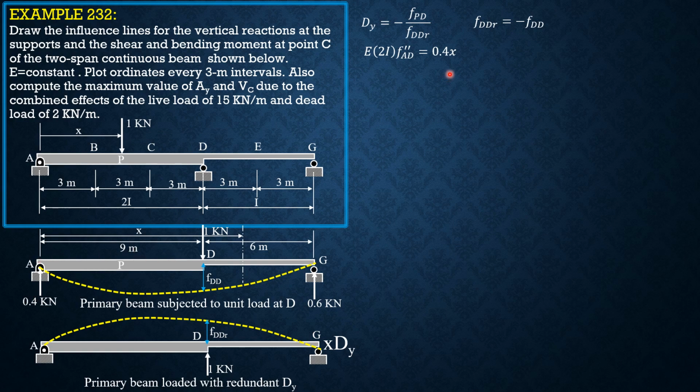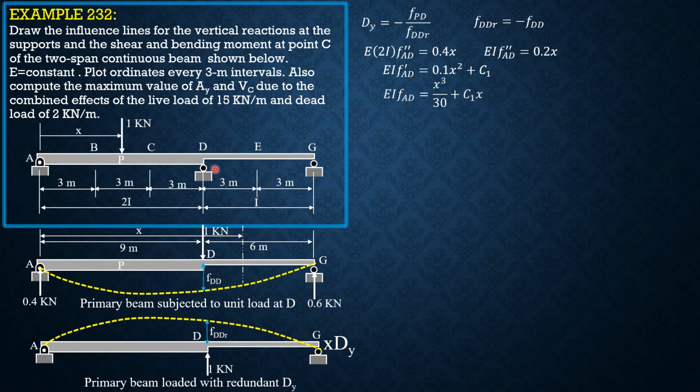Before we integrate, we divide everything by 2, so EI F double prime AD is 0.2 of x. Integrating once, EI F prime AD is 0.1 x squared plus C sub 1. So there is slope at A, but there's no deflection at A, so there is no C sub 2. Integrating further, EI F AD is equal to x cubed over 30 plus C sub 1 x. So as I said, there's no C sub 2.